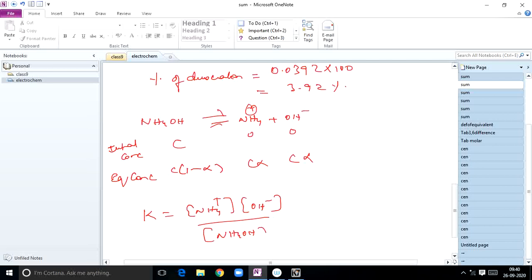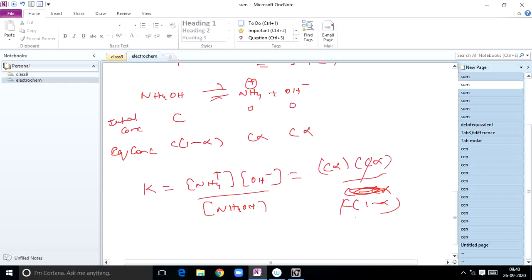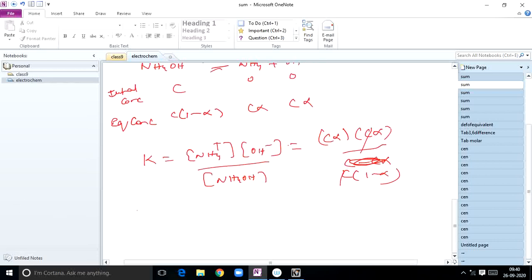If you substitute these terms, that is C alpha into C alpha by C minus C alpha, that means C into 1 minus alpha, you can cancel C here. So K is equal to C alpha square by 1 minus alpha. From this you can substitute directly. What is the concentration value given here?